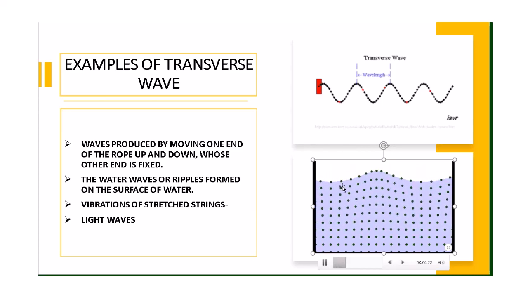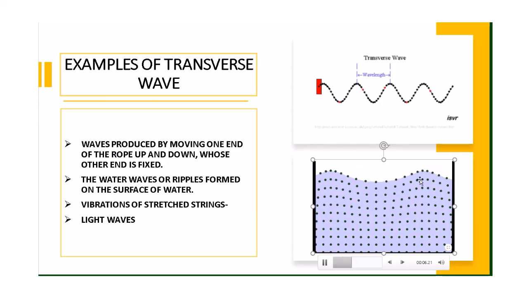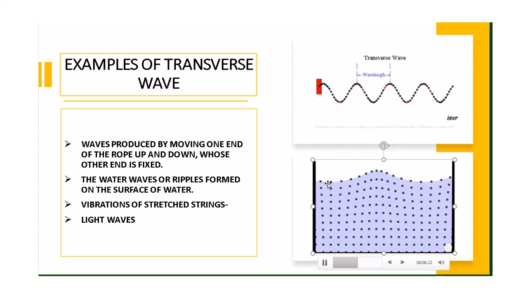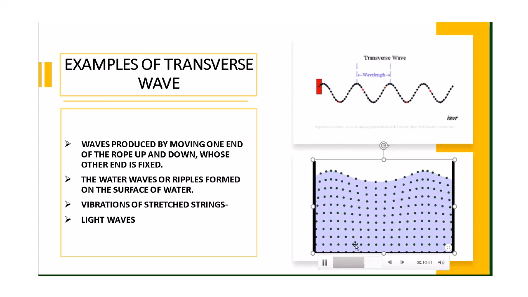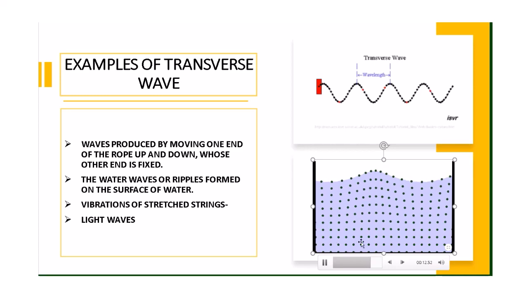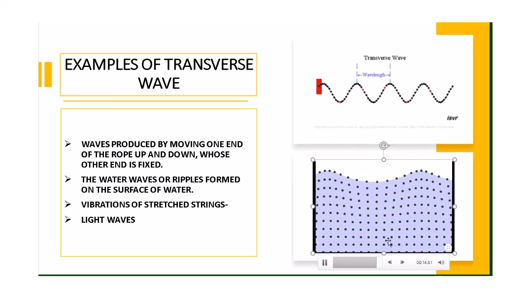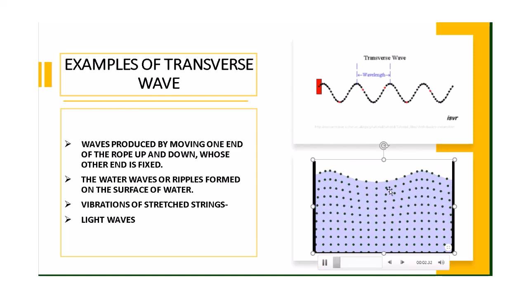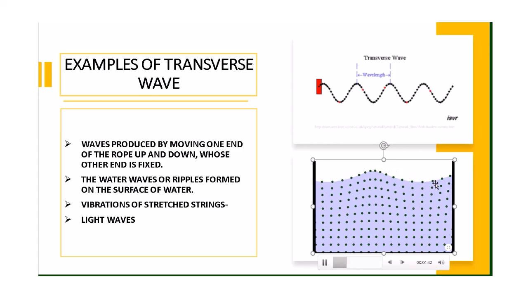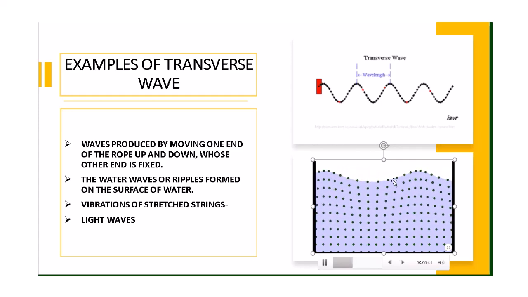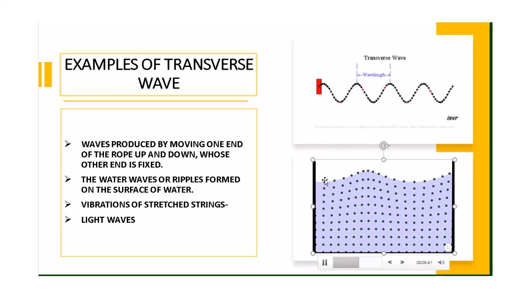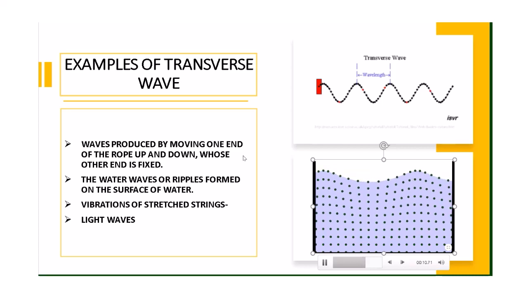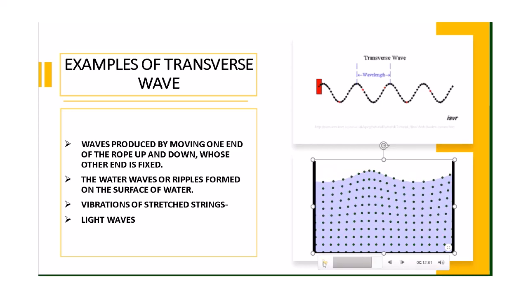You can see a similar shape is formed at the surface of the water, while the particles nearly at the bottom are not moving. They are almost static, but the particles at the top are moving, and hence we say that transverse wave is formed on the surface of water, right? So this was the second example.